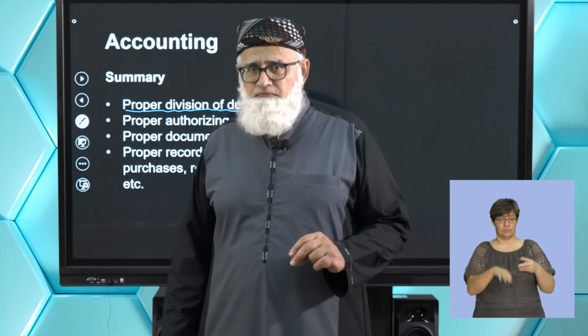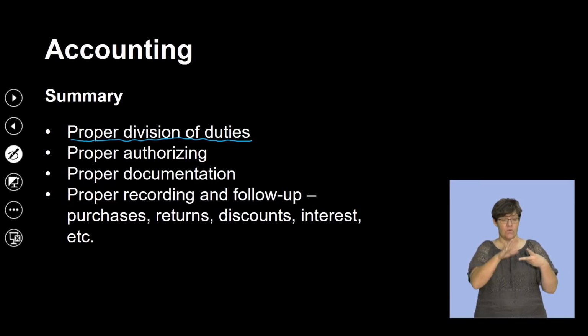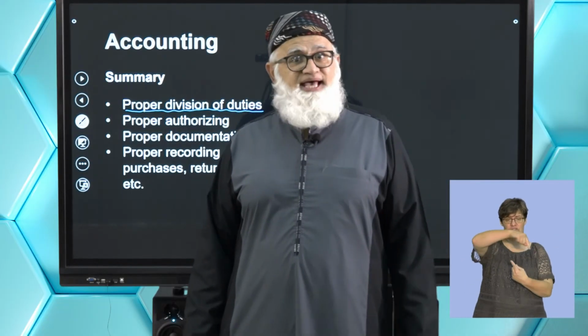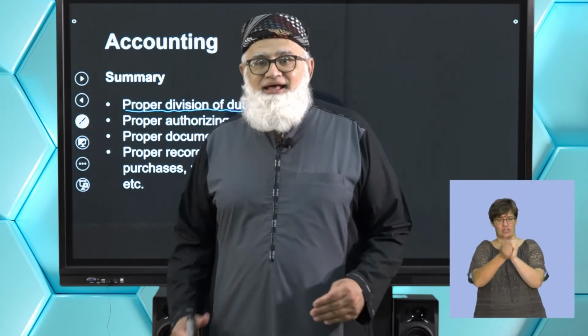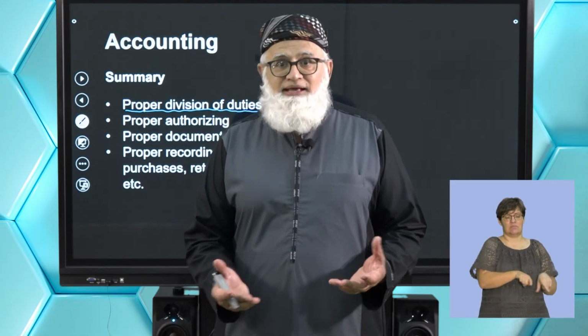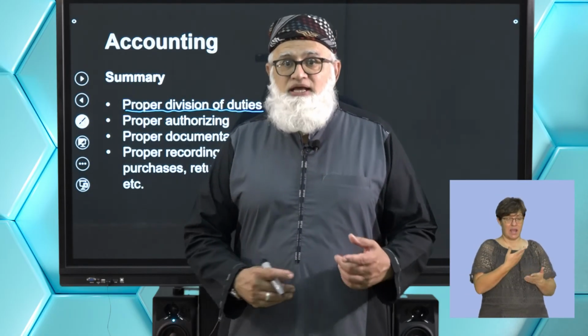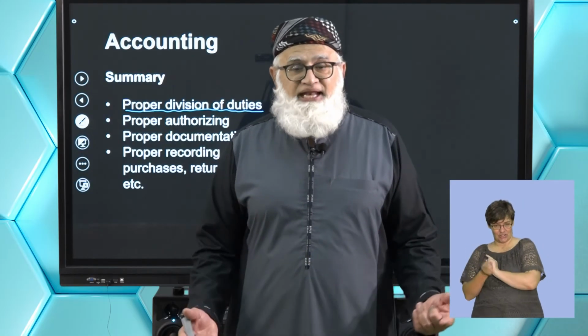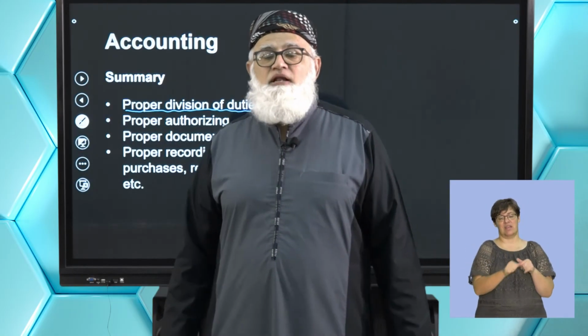Number two, we don't have it here, but you could also have rotation of duties. Why is that? So that a person doesn't get too comfortable in the same position. If you rotate the duties, in that way also, you would have better internal control.